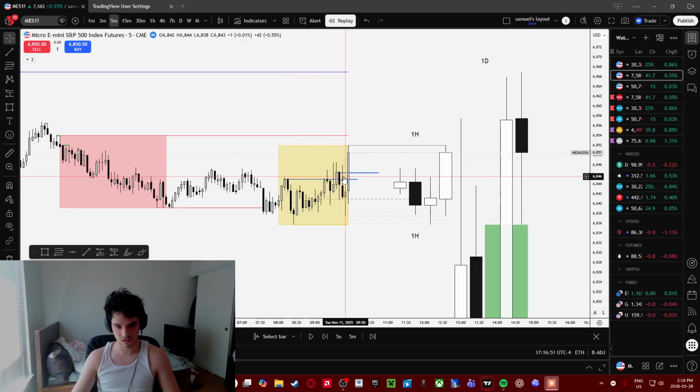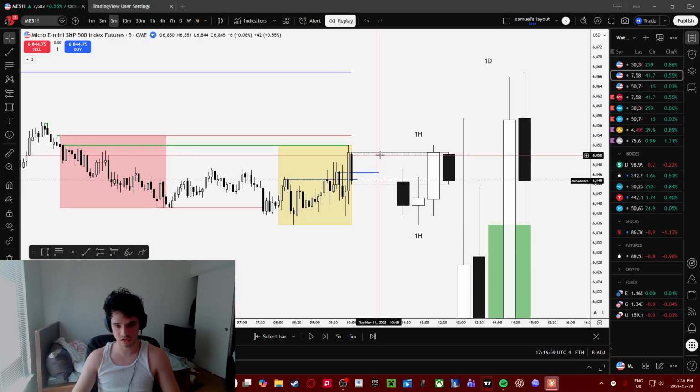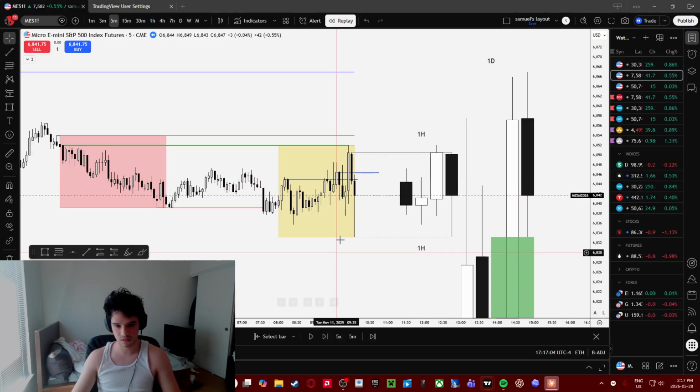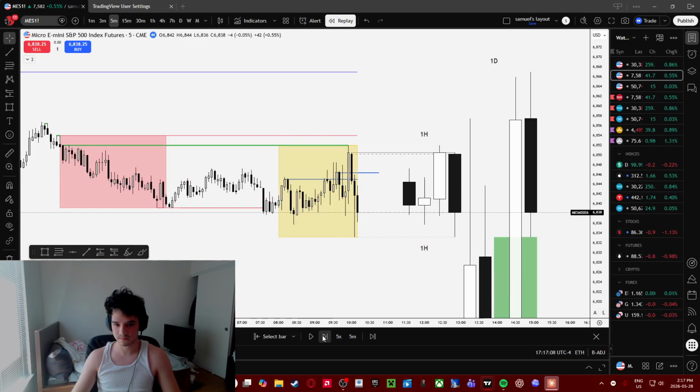But we're not going to penetrate this because this is this. We had the first proper manipulation happen at this one, so this is technically this. So we're going to catch the continuation after that. So right now we have a new point of interest form, and people got stepped out because of that. Otherwise.